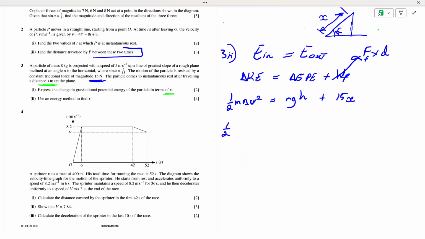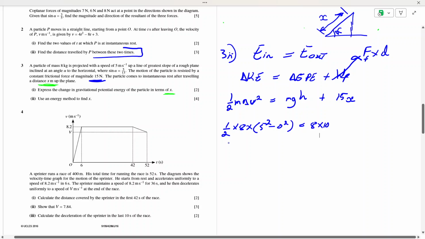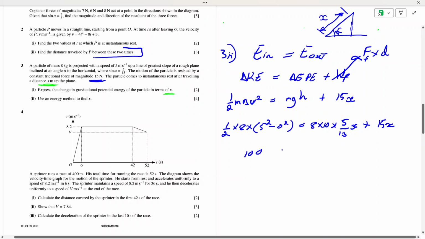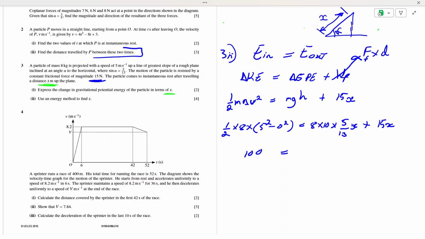So I can write half multiplied by 8 multiplied by 0.5 squared, minus 0 squared, which is equal to 8 multiplied by 10, which is for g, multiplied by the height, which we found is 5/13 x, then plus the 15x, right? Then when I solve this side, I'm going to get 1 on this side, and it's equal to, when I combine both of these, the mgh and the work done due to friction, I've got x terms, so I can add them up.